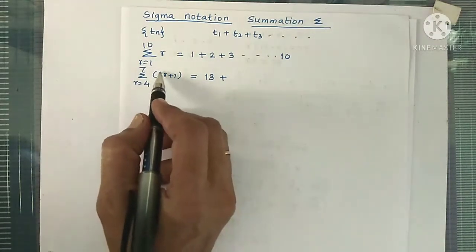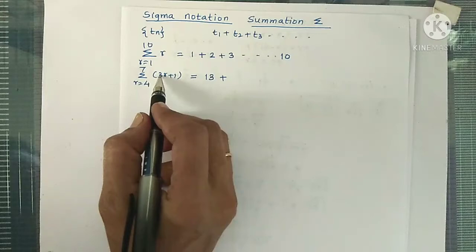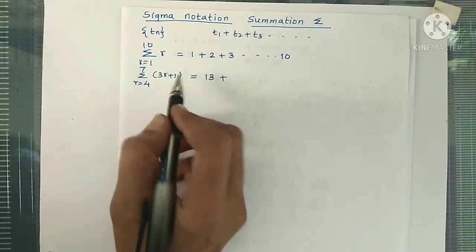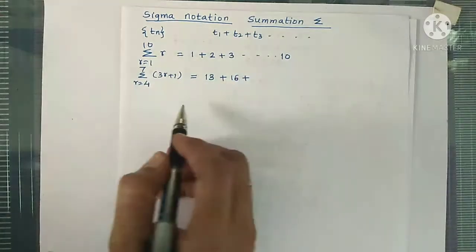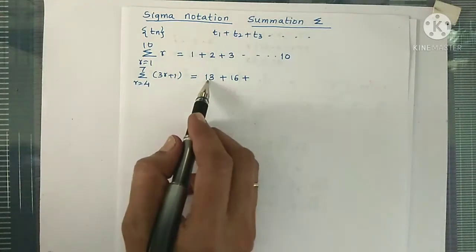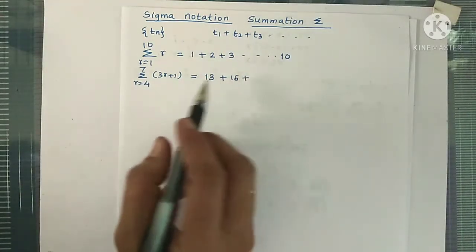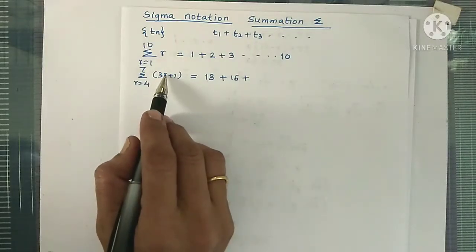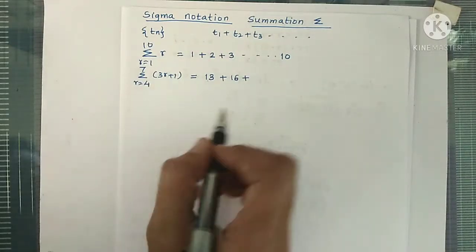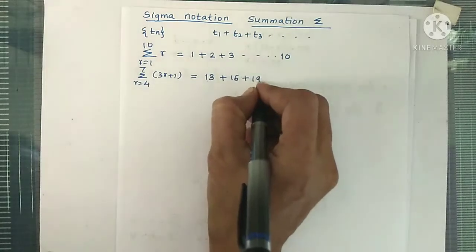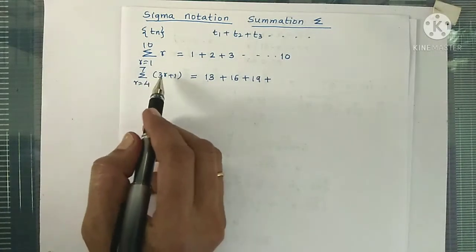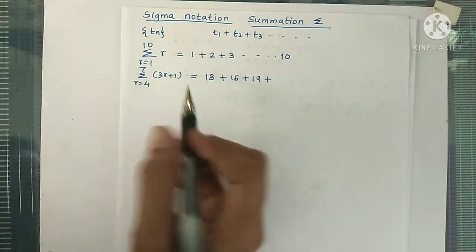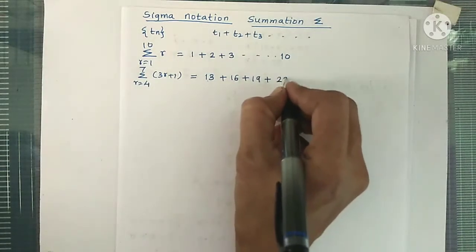So when we put 5 in this bracket, we get 3 into 5, 15 plus 1, that is 16, plus. Now r equal to 6. So when r is equal to 6, we get 6 into 3, 18 plus 1, 19. And the last value for r is 7. So for 7 we have 3 into 7, 21 plus 1 is 22.